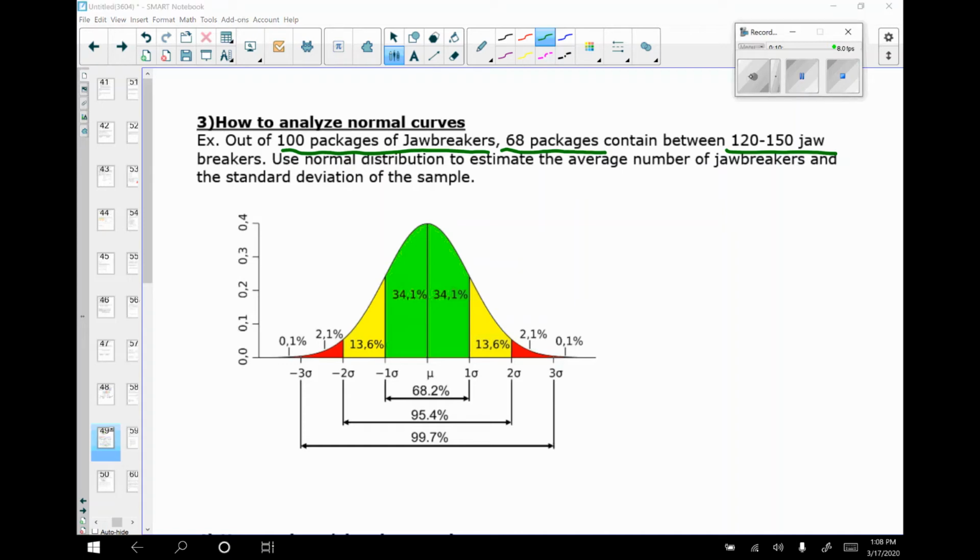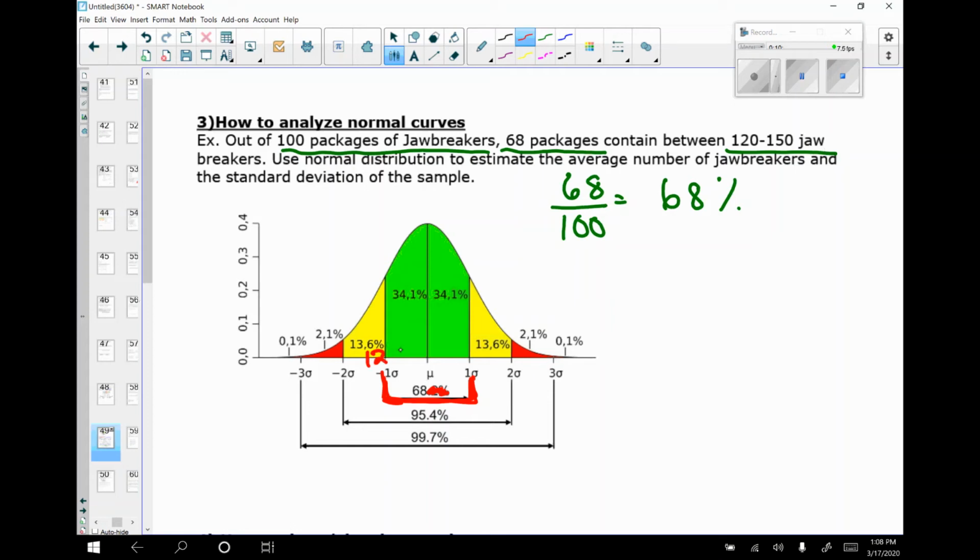So if we know that 68 out of 100, we're talking about 68% of our data, right? So that means from my -1 standard deviation to my 1 standard deviation, that's 68%. We can ignore these little 0.2s here. From here to here, I have 120 to 150 Jawbreakers. So that gives me that information here.